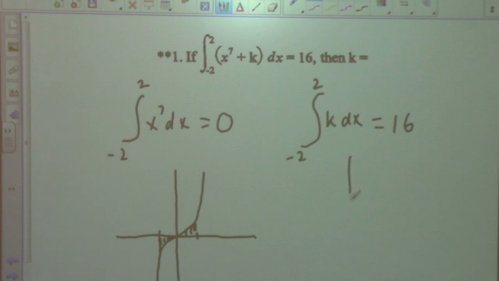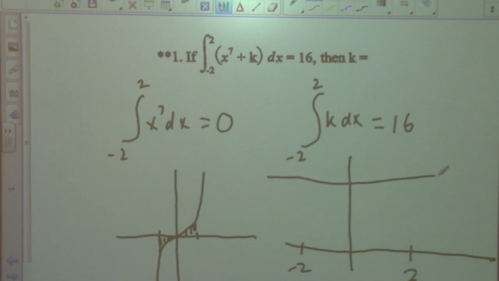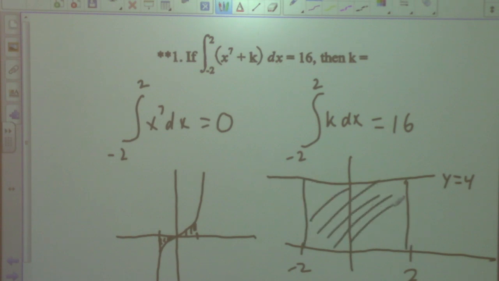Let's look. You go from -2 to 2, right? And you have an area of a rectangle that is 16. What is k going to be? 4. That's crazy. So y is equal to 4 is the way you make this happen, which is going to be k is equal to 4.